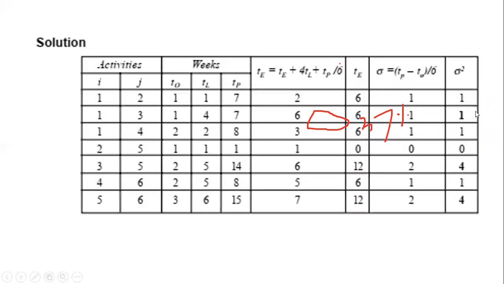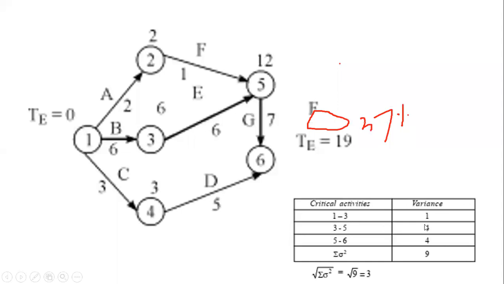Then we just take the sigma squared values of the critical path: 1 to 3, sigma square 1; 3 to 5, 4; and 5 to 6, again 4.